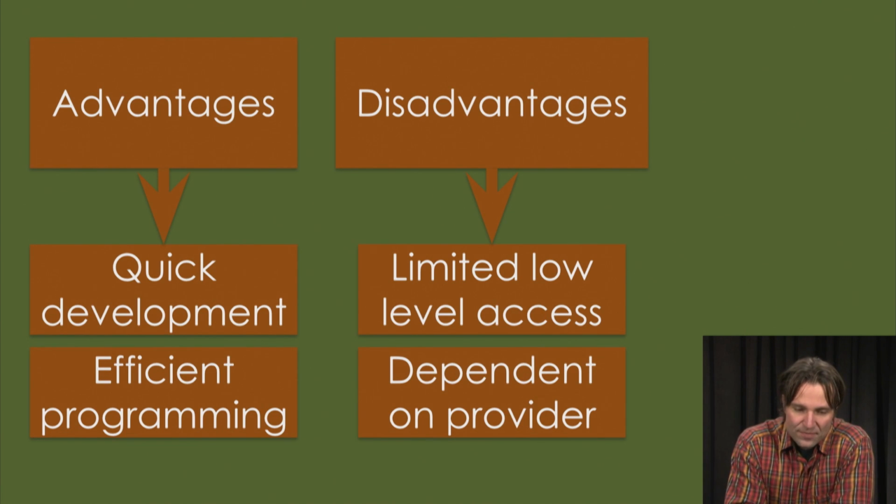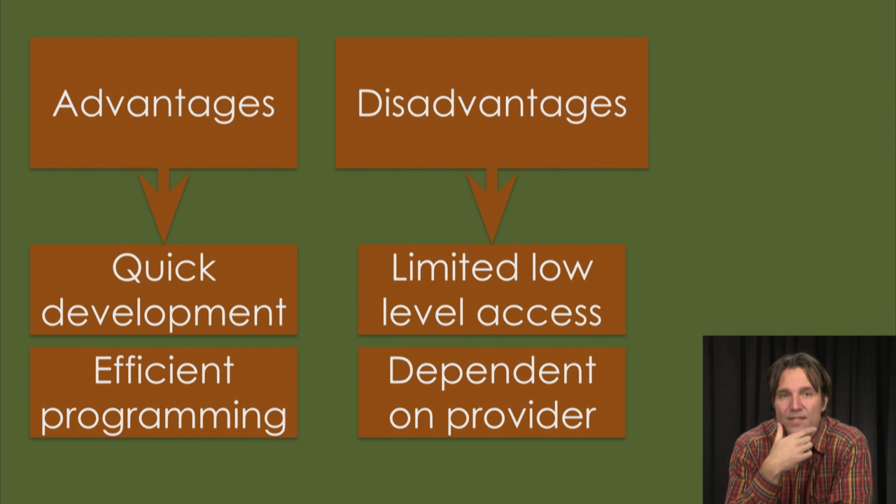So the advantages of these virtual reality engines, as opposed to writing your virtual reality environment from scratch in a programming language, which you could also do, especially if you've taken the second course of this certificate program, then you know how to write computer graphics applications in C++ with OpenGL, and you could do that for virtual reality applications too. So the advantages of these authoring tools are that you can develop your application much more quickly than if you were to write all the code from scratch.